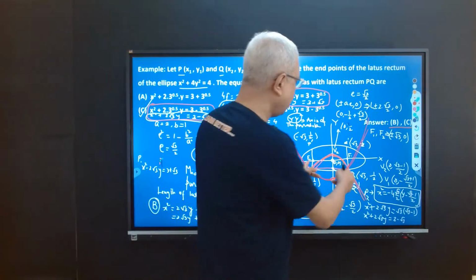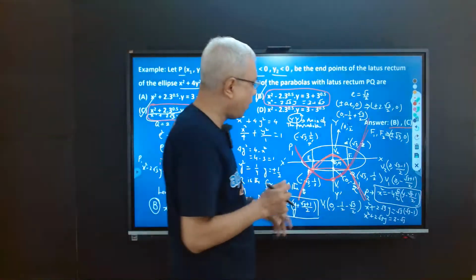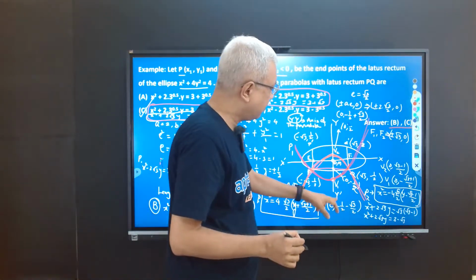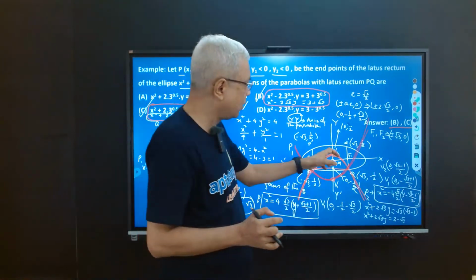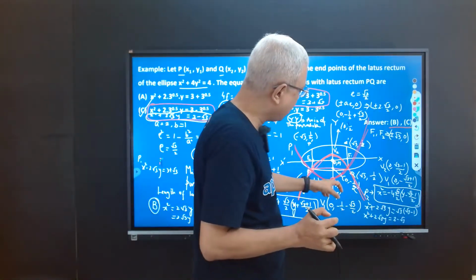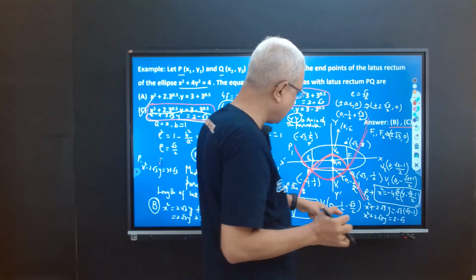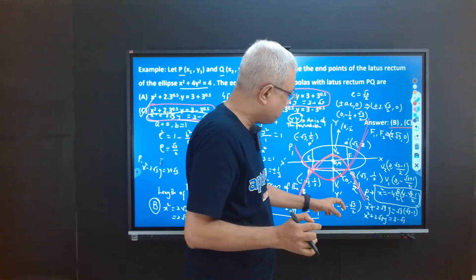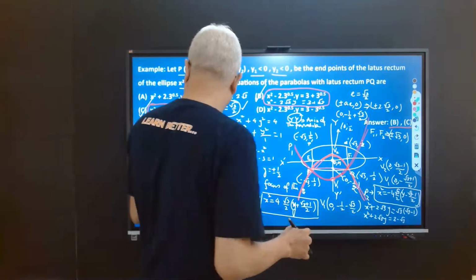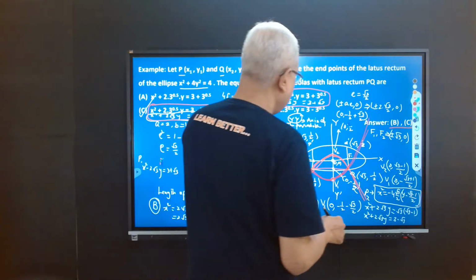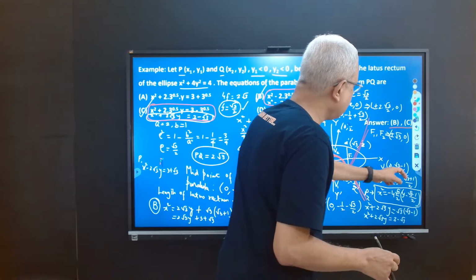From the length of the latus rectum we found the focal length of the intended parabola, and from that we determined the possible vertices. There are two possibilities: one vertex is at V1, with coordinates (0, minus (root 3 plus 1) by 2), and the other is V2, with coordinates (0, (root 3 minus 1) by 2).